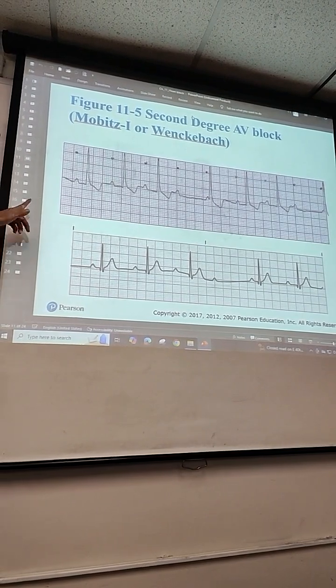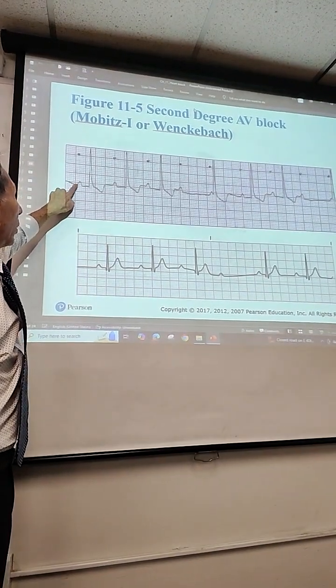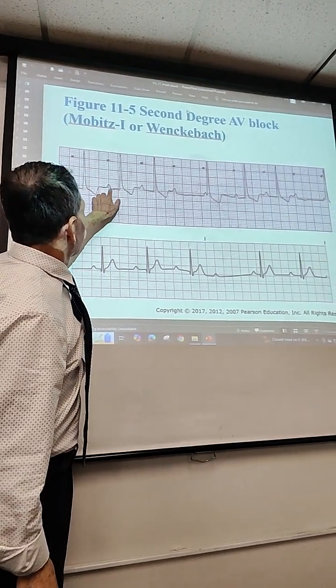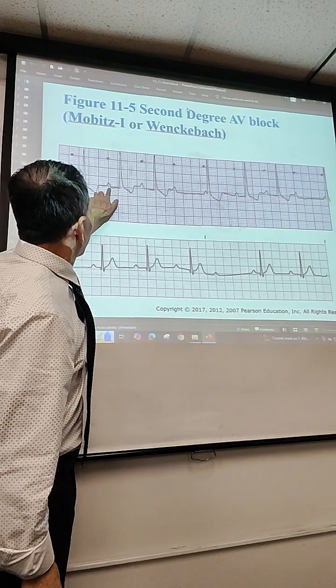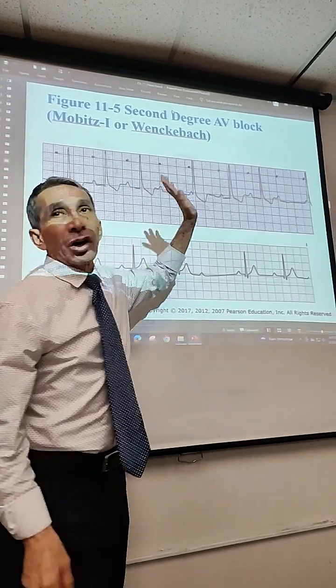Here we have the same. Remember, this is the PR interval, from here to here. But just looking at the segment, we know that it's increasing and then it drops.